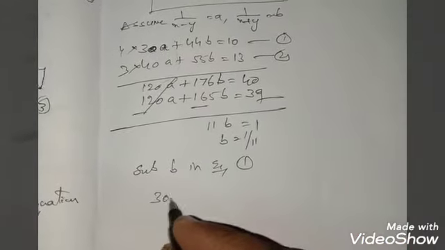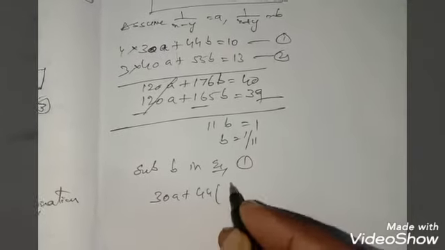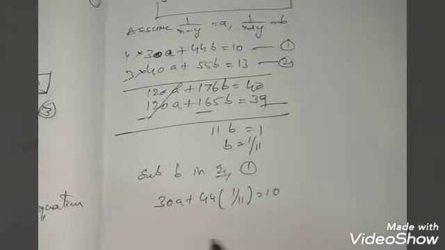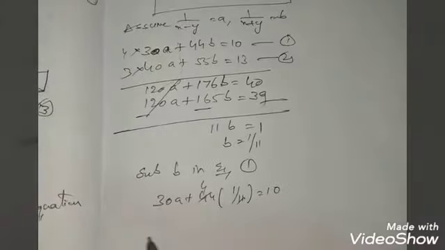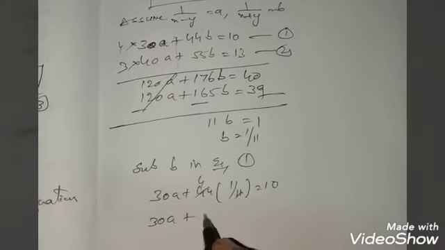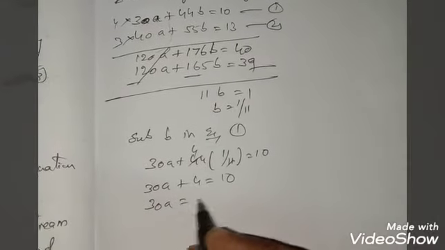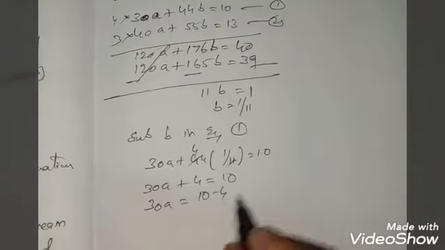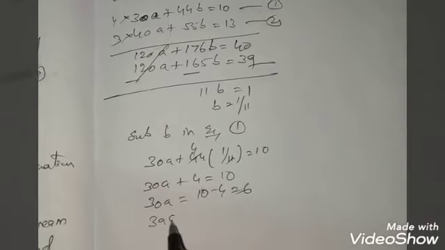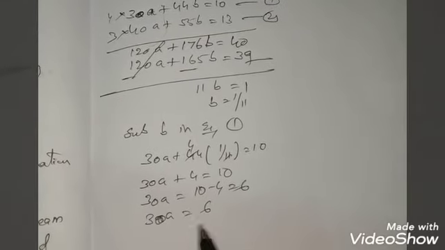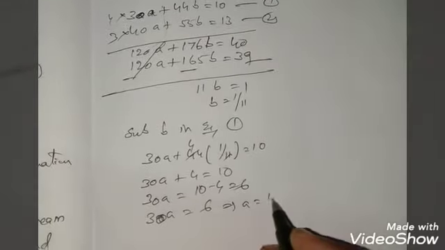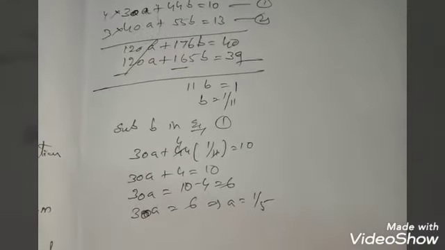You will get 30a plus 44 into 1 by 11 is equal to 10. Now 11 fours are 44, so you'll get 30a plus 4 is equal to 10. Send this 4 across, so 30a is equal to 10 minus 4, that is 6. You'll get 30a is equal to 6, so a is equal to 1 by 5, because 6 by 30 is 1 by 5.